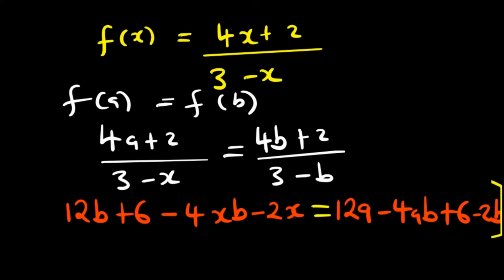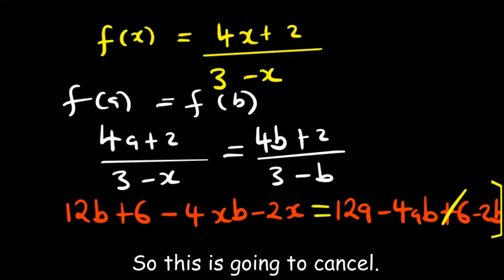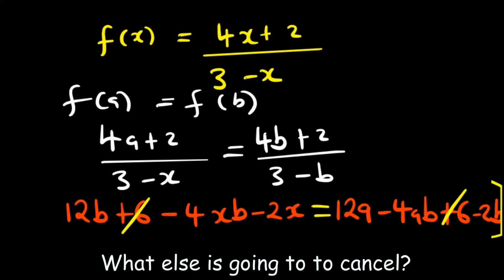If I take this positive 6 to the other side, it's going to cancel with this positive 6, because one will be negative. What else is going to cancel?